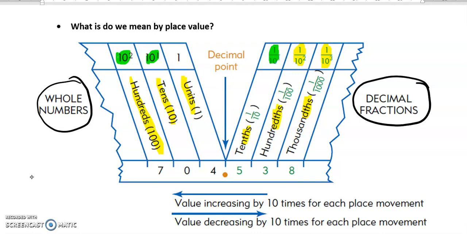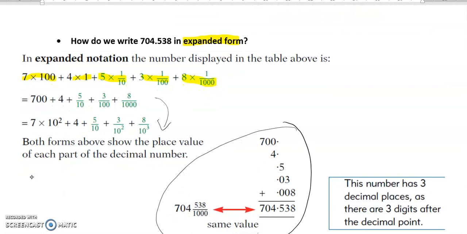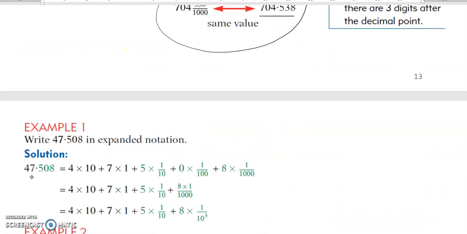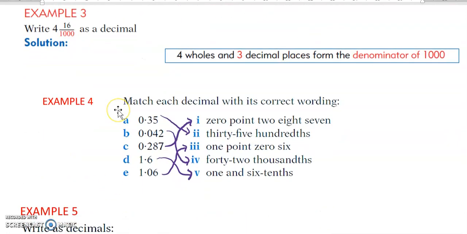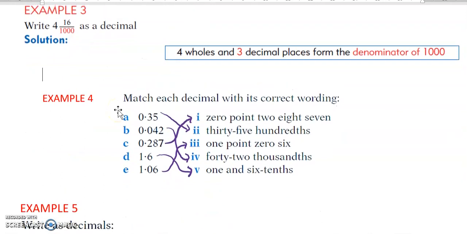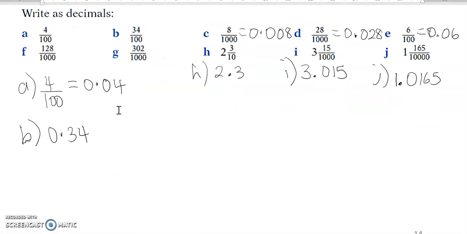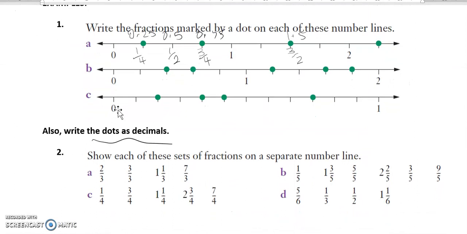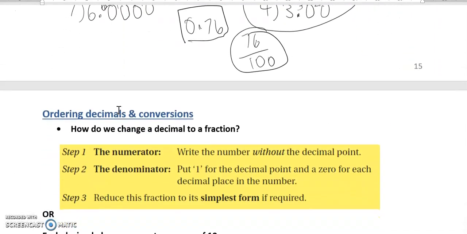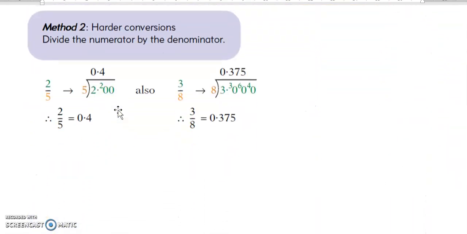So we have tenths, hundredths, thousandths, 10,000ths, etc. We've looked at expanded notation, where you write the number in a larger way. We've talked through place value, so what's the value of a certain number in a decimal. We've talked how to write a mixed number as a decimal. We've talked how to write fractions out of 10 as a decimal. We've talked about number lines, how to label them, how to draw them. We've talked about conversions, how to order decimals.